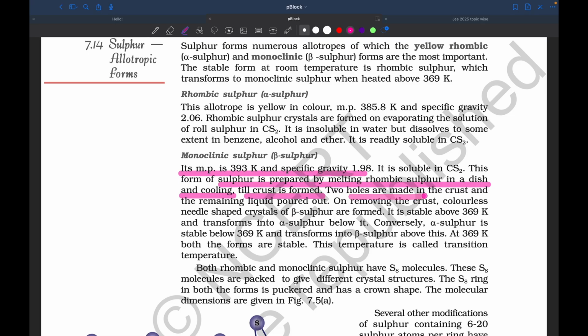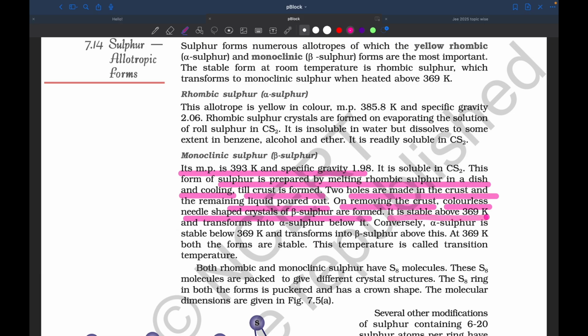Two holes are made in the crust and the remaining liquid is poured out to remove the crust. Colorless needle shaped crystals of beta sulfur are formed.